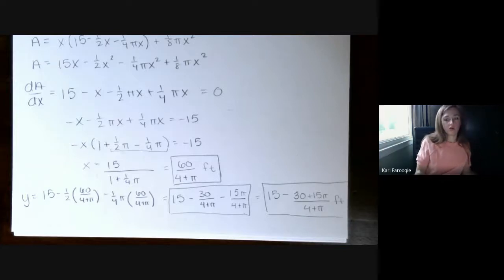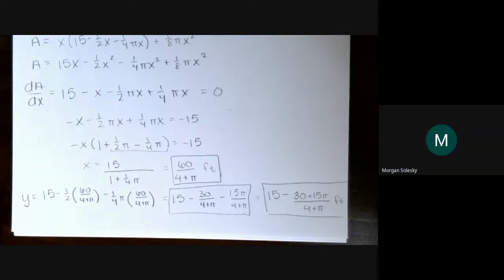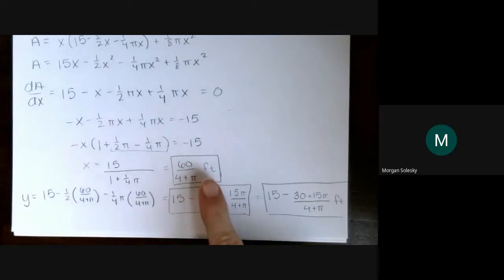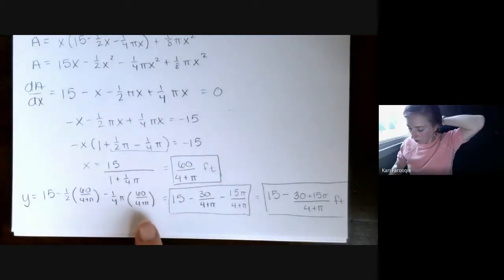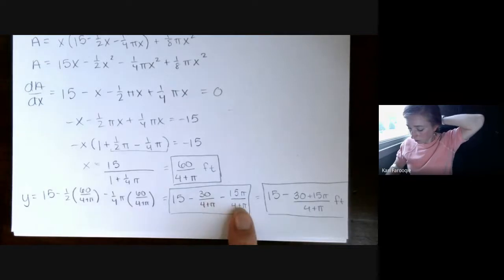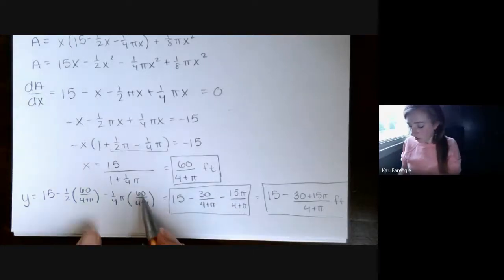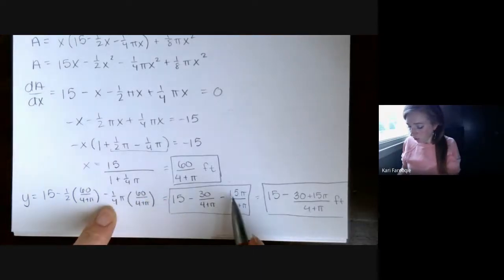Morgan, what is your question? How did you get, like I'm looking at the first problem that you had boxed, how did you get 15 pi over 4 plus pi? 15, here? Yeah. Oh, so with this one, I just took 60 and divided it by 4 to get the 15.